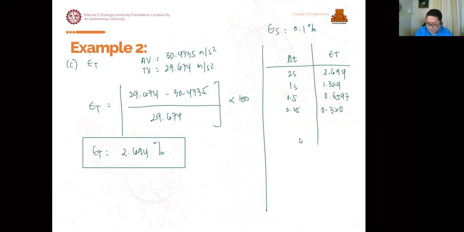No? Then kapag hinati ulit natin, 0.125, magiging 0.163. Then kapag hinati pa natin yon, pag step size natin is 0.0625, ang error natin is 0.0810. Okay? So, ibig sabihin sa step size na to, dito pa lang natin ma-accept yung sa criteria natin.